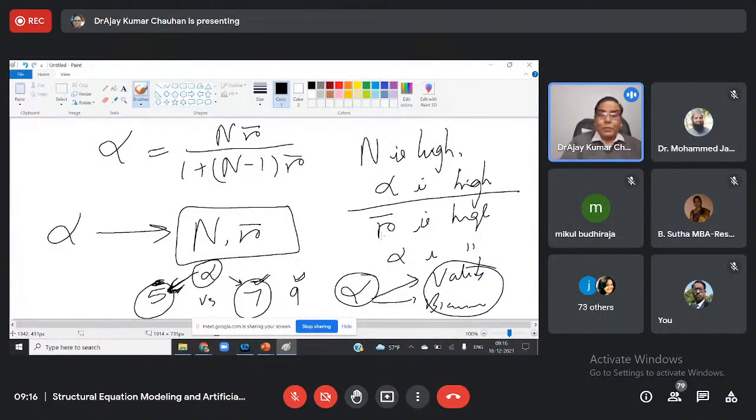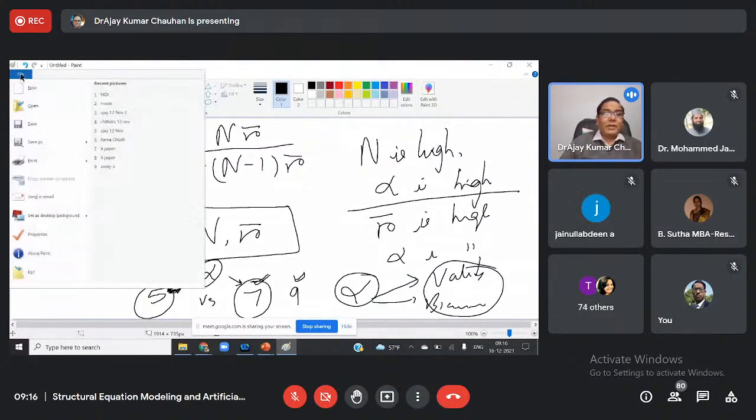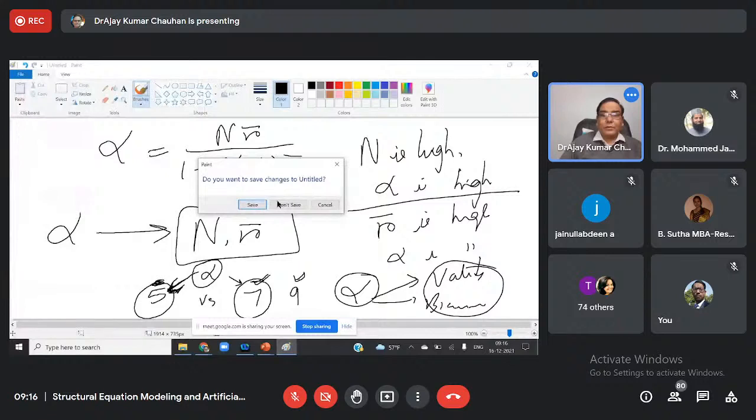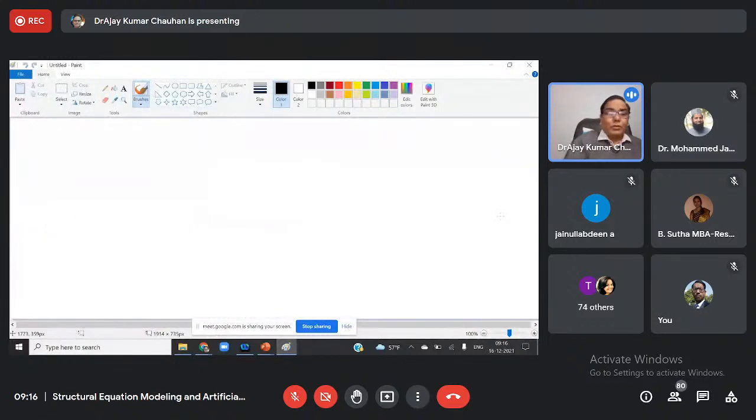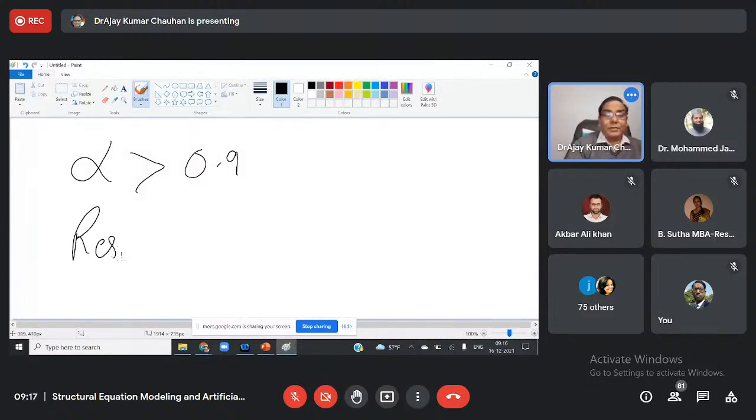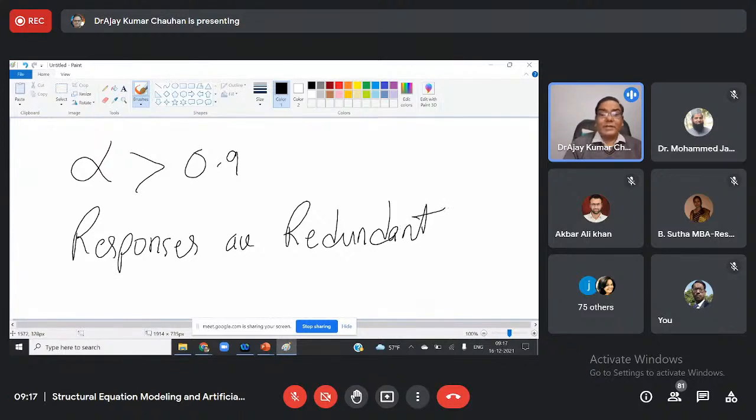Another problem of alpha is that if alpha is more than 0.9, it means your responses are redundant. That is another problem with respect to alpha.